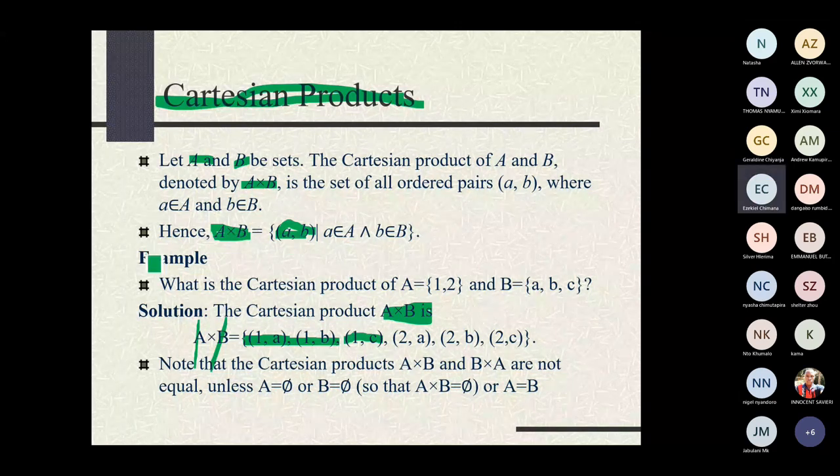So note that the Cartesian products A cross B and B cross A are not equal.